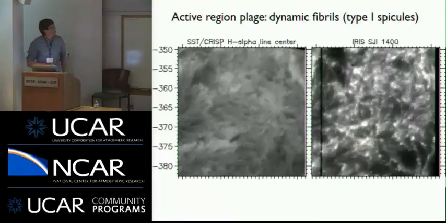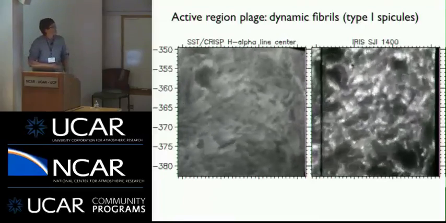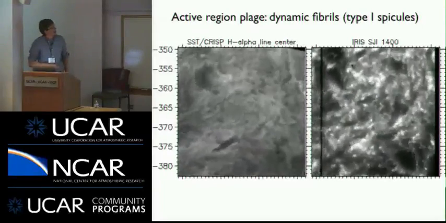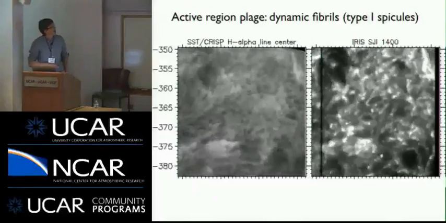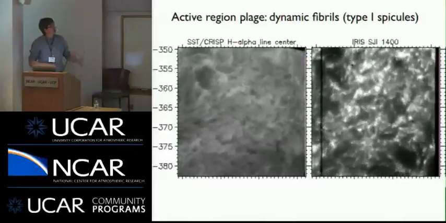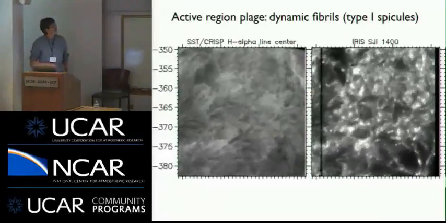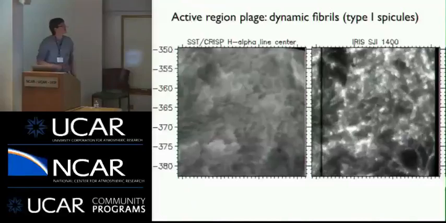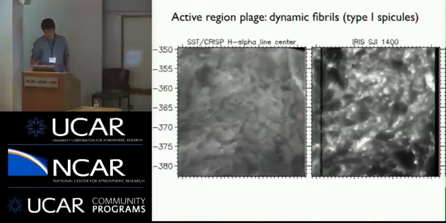So now we look in more detail at this region. We see the dynamic fibrils moving up and down. If you look closely, you can see a number of examples where the bright grains seem to move in a similar fashion, but they do not trace the full path that we can see in the H-alpha line, only a part of this.